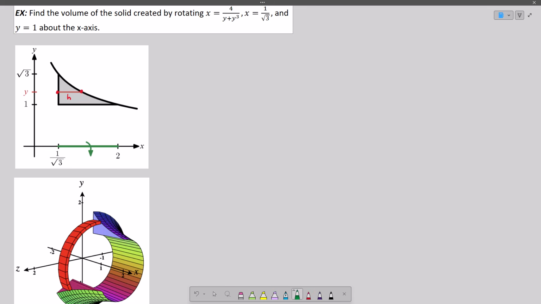And I see most of you are seeing that the radius is that distance. That's the radius, and that distance is given by y. Tell me what the left x is for that height.